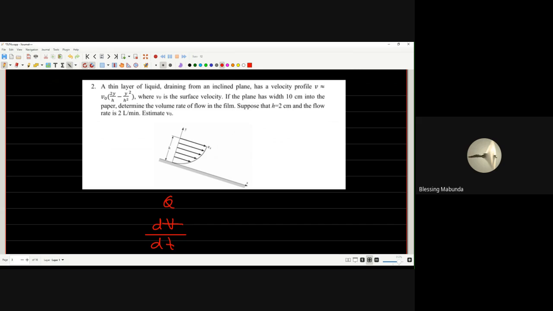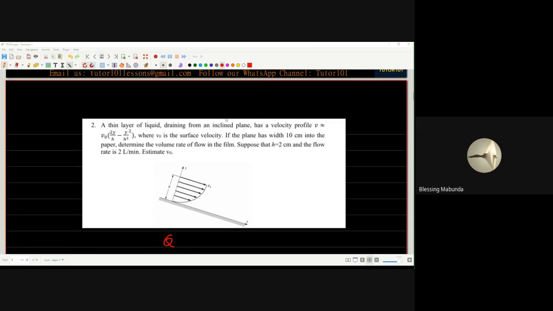Right, so the velocity profile. Imagine you have some inclined plane, to give you an example of how you might consider looking at this. Your inclined plane is like that. It may be a plank, and from it, you put a water hose here.